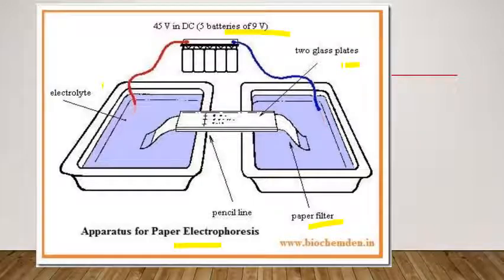So we have the buffer solution with the electrolyte, over which this glass plate has the mark, the pencil line, as the baseline where the migration starts, and here the filter paper just absorbs the molecules which migrate at different speeds towards the opposite electrode.